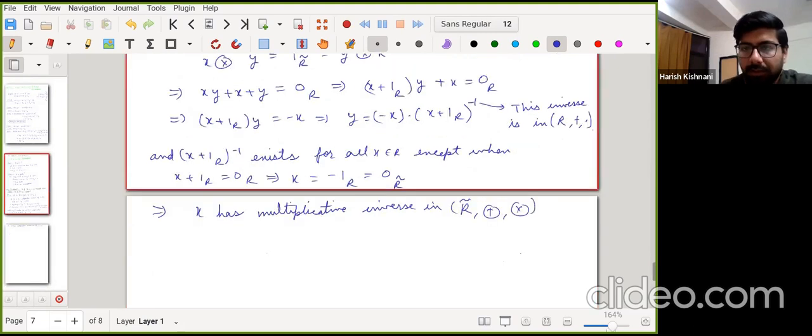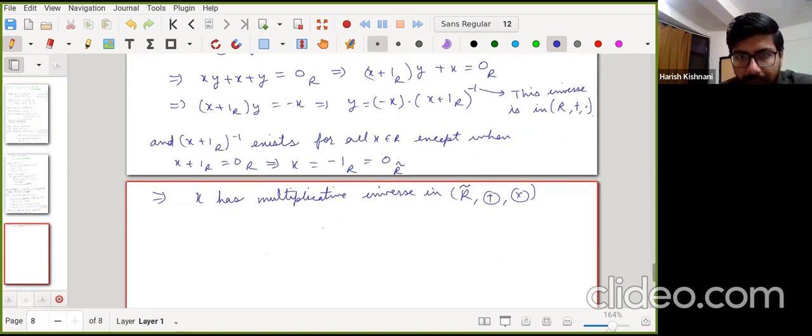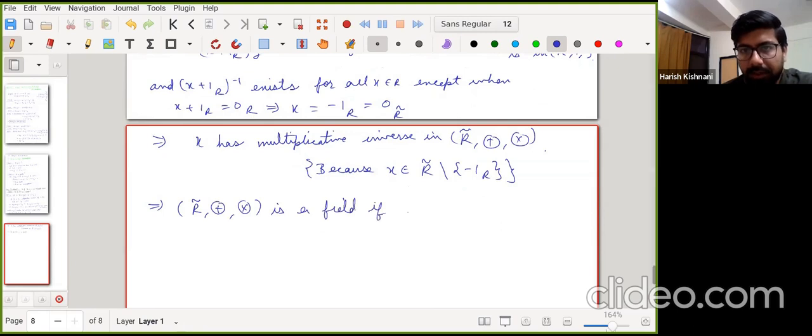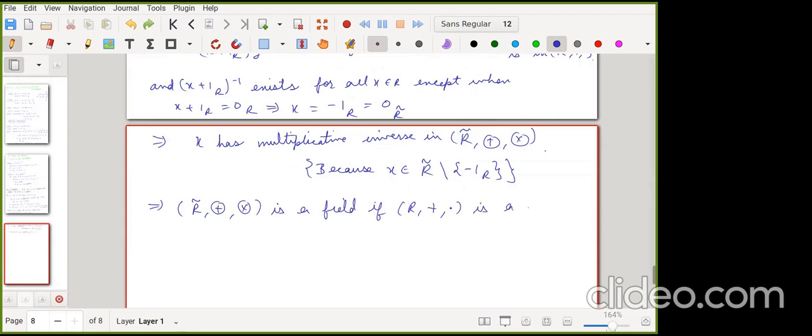Because we are already choosing our X from this set. Okay. That's why it turns out that R tilde plus dot is a field if the original algebraic structure is a field.